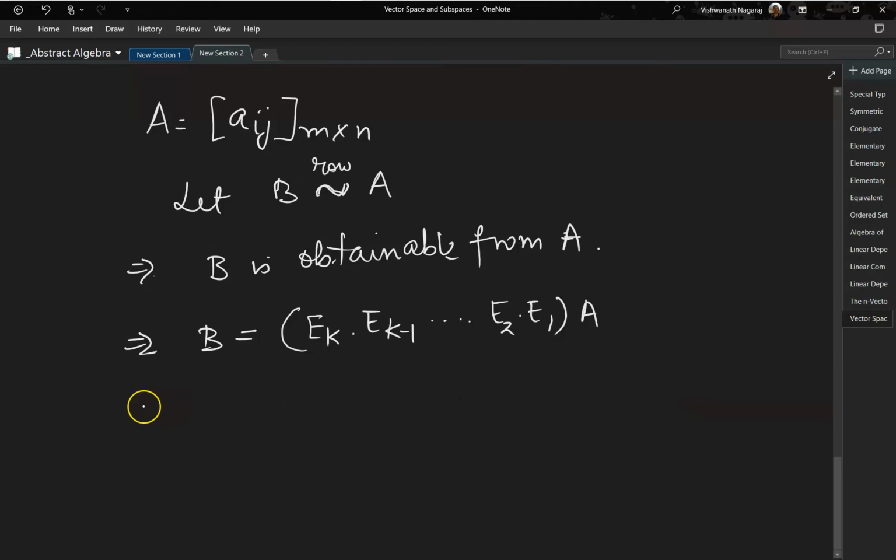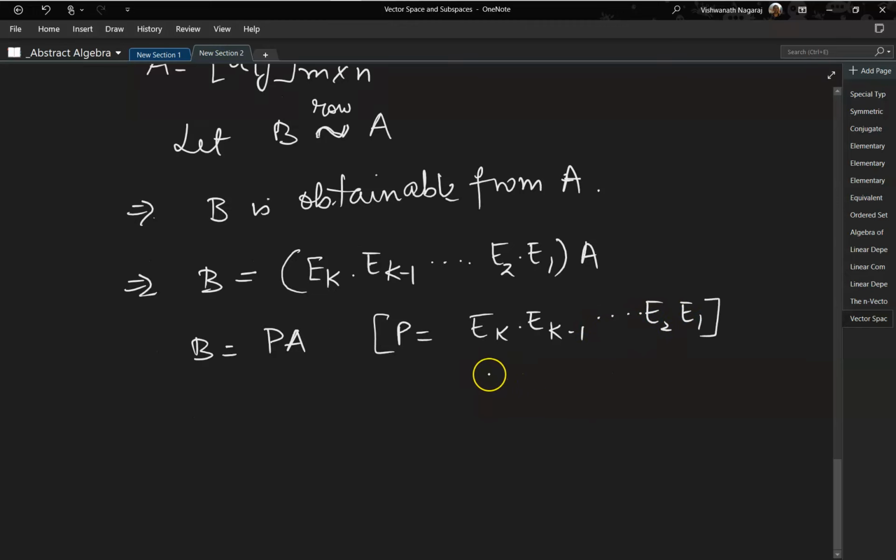Okay, so we can write this as B is equal to PA, where P is equal to Ek times Ek minus 1 and so on up to E2 E1, which is going to be a non-singular m by m matrix.